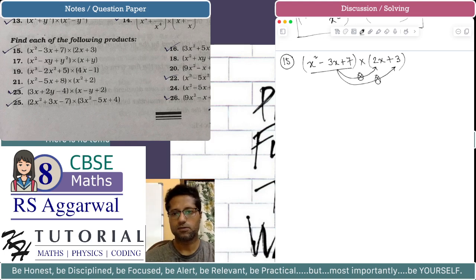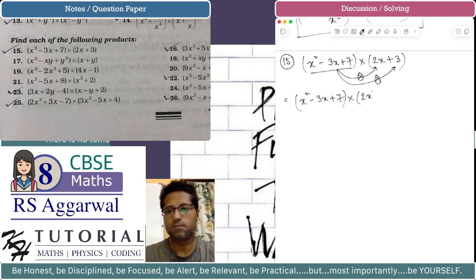Now I am marking this visually just for the sake of discussion. Please do not use these arrow marks or the multiplication sign when solving the problem in your exam. So this is equal to x square minus 3x plus 7 multiplied by 2x plus x square minus 3x plus 7 multiplied by 3.